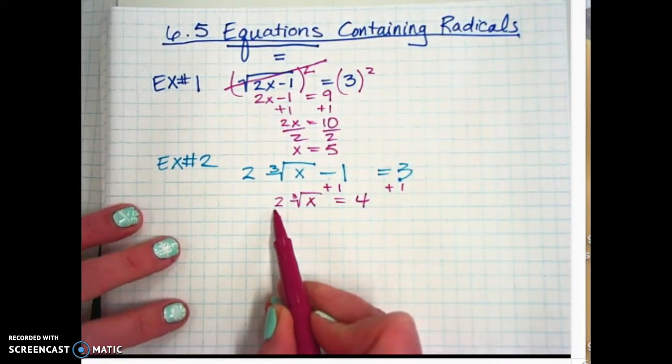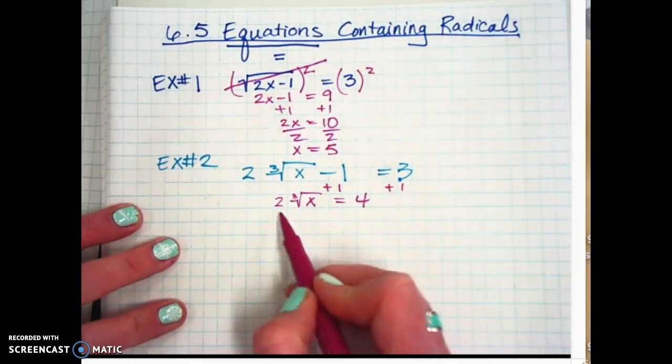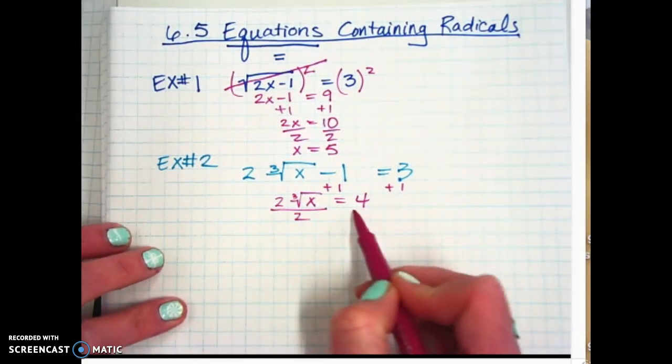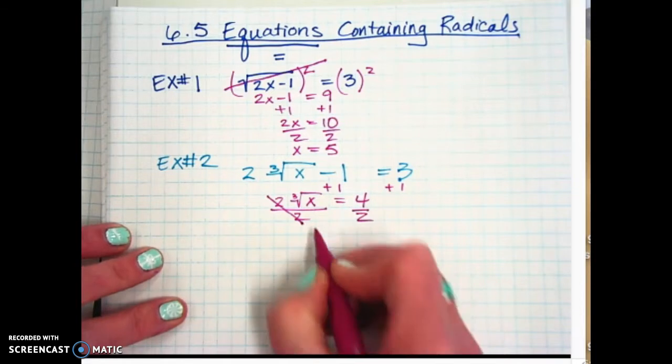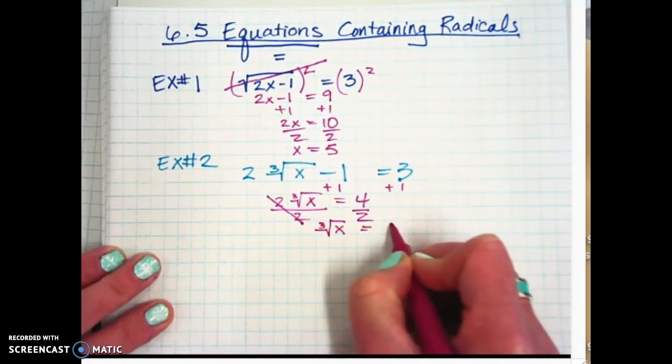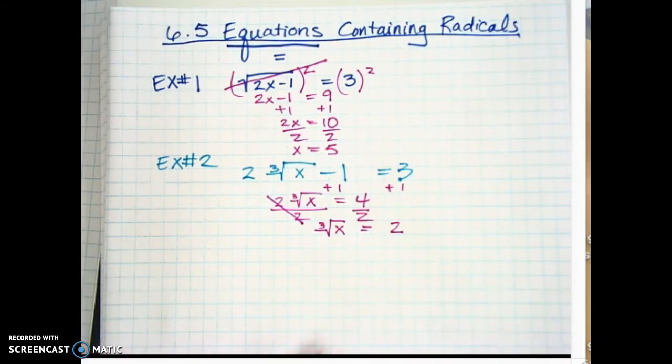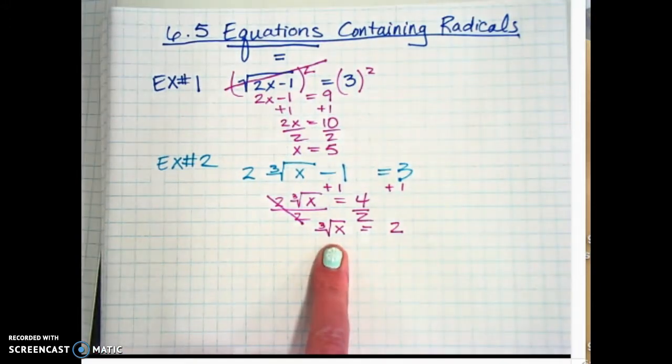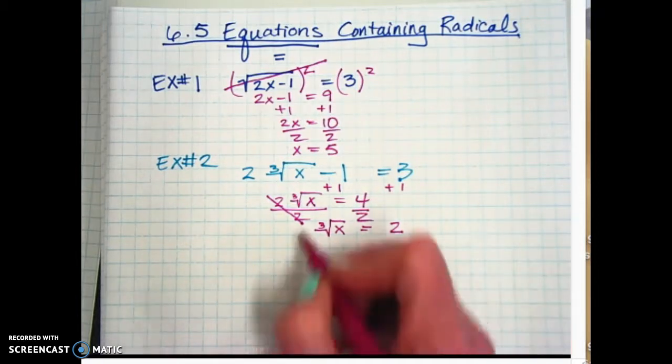Then we've got the inverse operation of multiplying by 2, so we're going to divide by 2. That leaves us with the cube root of x equal to 2. And then the inverse operation of taking the cube root is going to the 3rd power, or cubing. Okay?